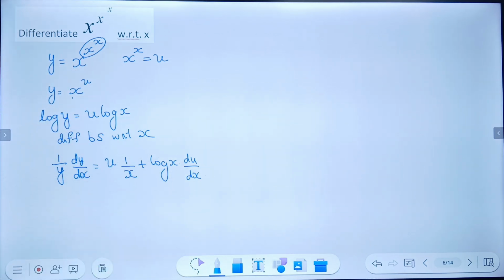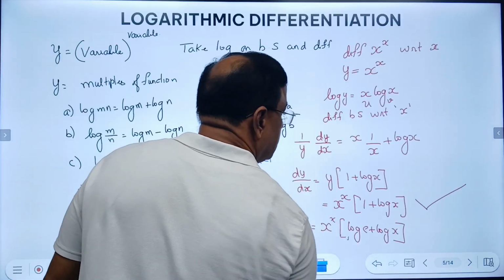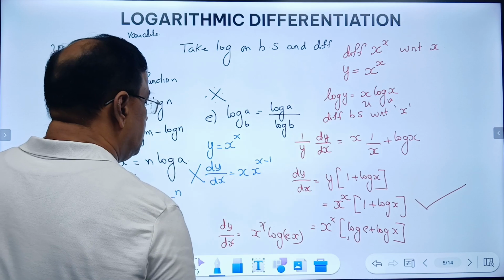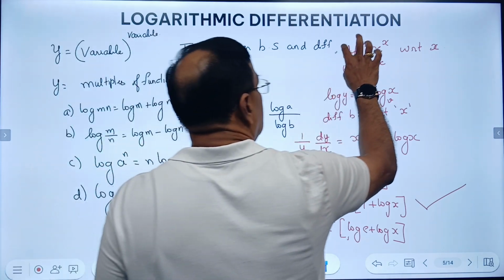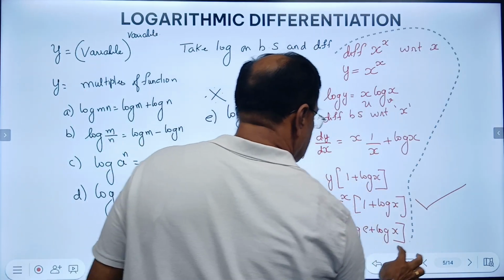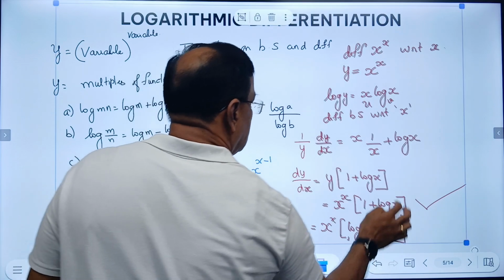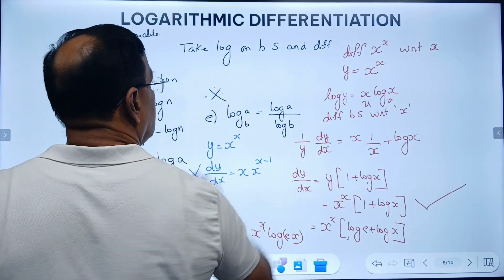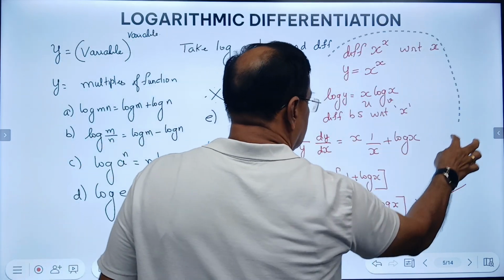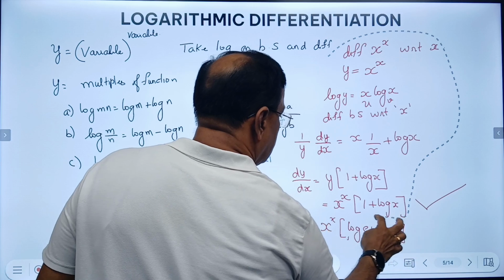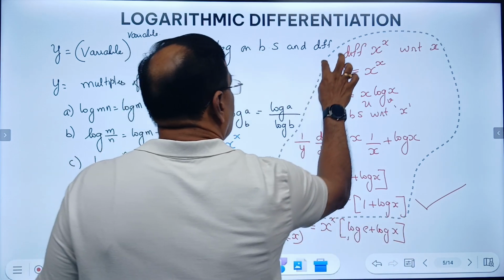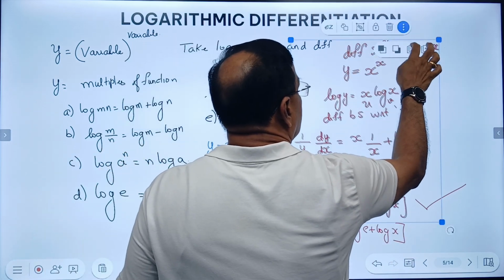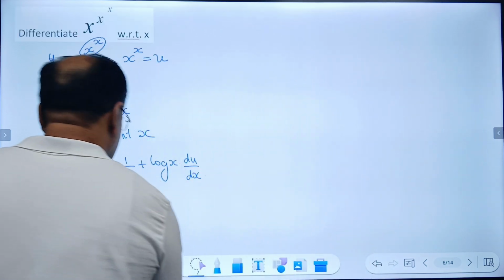It's a variable. Now how do I find du by dx? Already you have done it here. Remember, this is a previous question. I want only this, this much is enough. I copy it and paste it here.